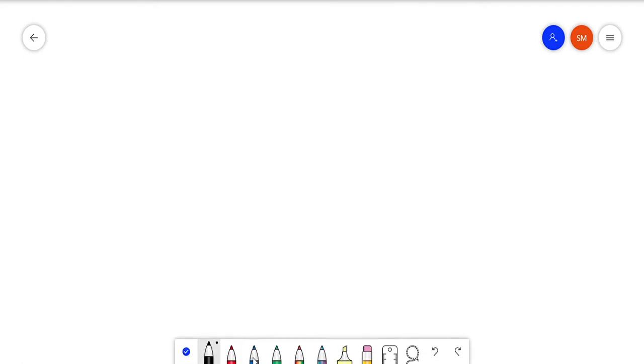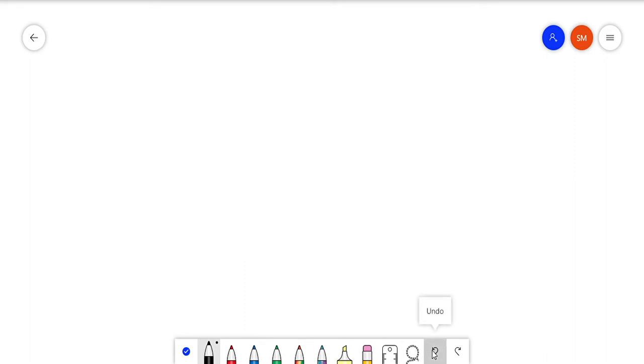I could draw it. This is a pizza. Sorry, it wasn't perfect. I take out the ruler. Okay, no need for that.